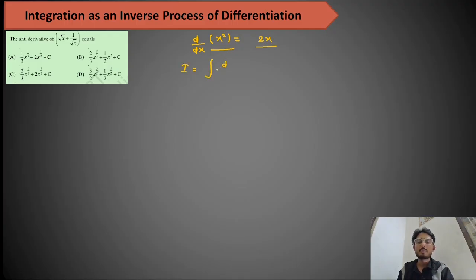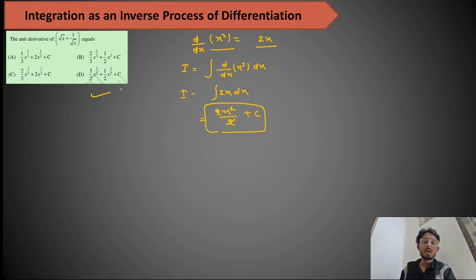Integration of 2x dx gives x square by 2, where the 2 cancels out, plus c. This is the integration.